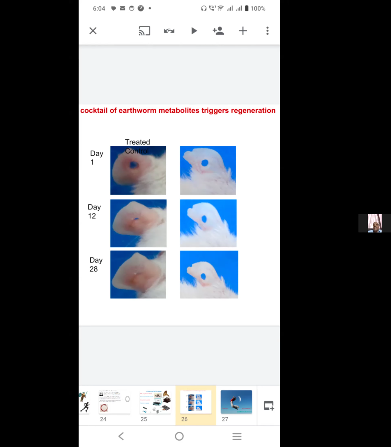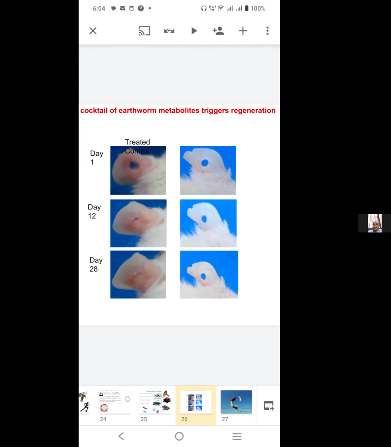So the mouse pinna, especially of the Balb/c white mouse: if we puncture the ear, the scar will be permanent. There will be a hole in the mouse pinna till the end of life.